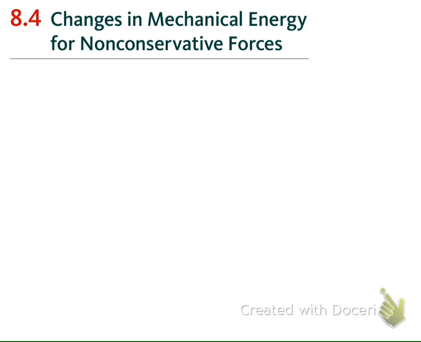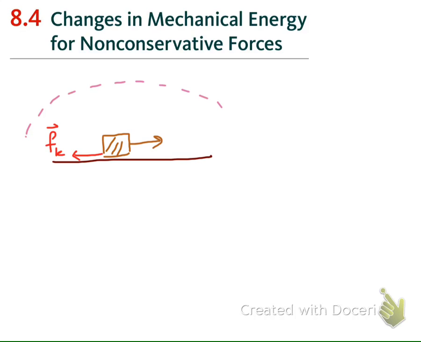So we have the surface, we have the block sliding on the surface, and we have the kinetic friction on the surface, but we extend the boundary of our system. Now include the earth in our system.